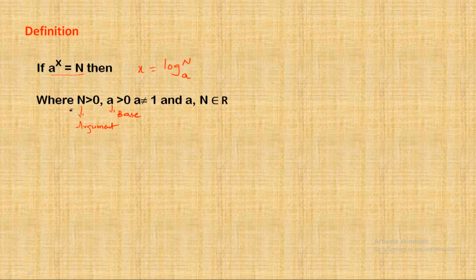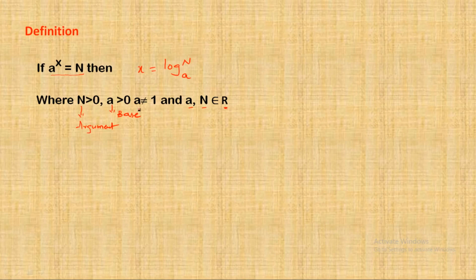So the conditions are the argument should be greater than 0 and the base is also greater than 0 and the base is not equal to 1, where base and argument belong to real numbers. These are the conditions of the definition of logarithm.